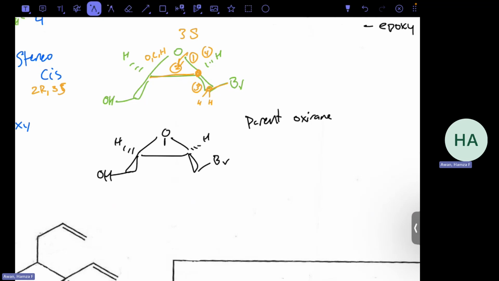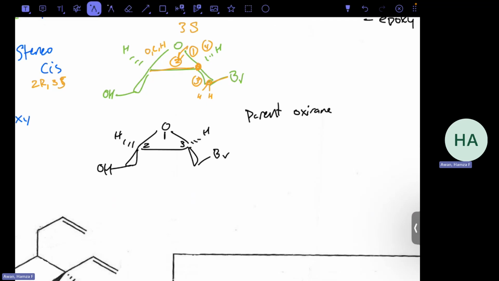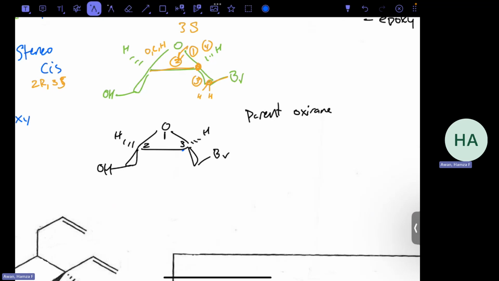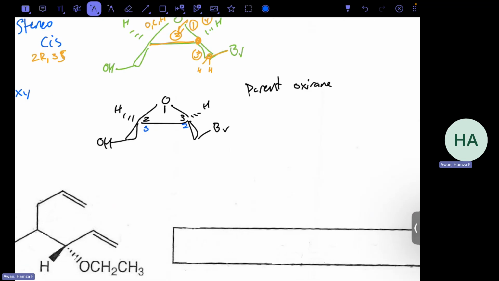So on one hand, we have this substituent and this numbering between 2 and 3, this black numbering. I'll change color for the other numbering. And then this blue numbering, which is 2 and 3 this way, right? So let's see each of these substituents.